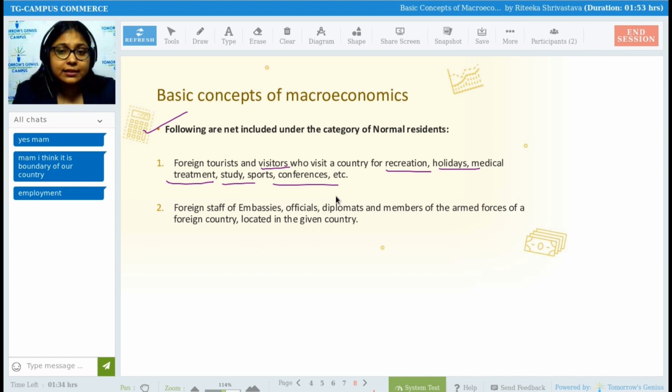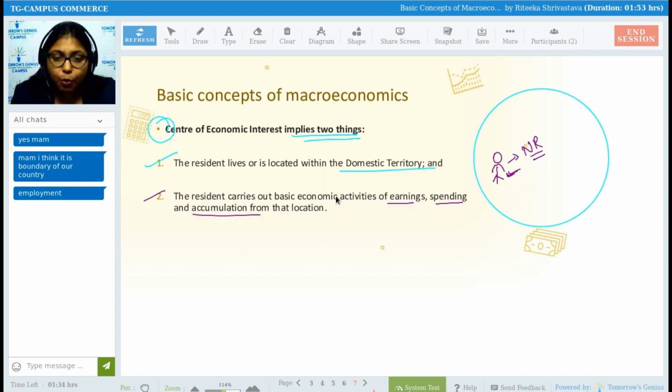No, that is not the case. He should satisfy both the two conditions. That means he should live in that country as well as his economic interest should lie in the same country. If both things are satisfied, then only he will be called a normal resident.